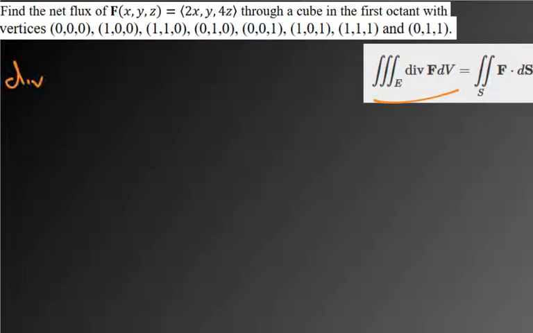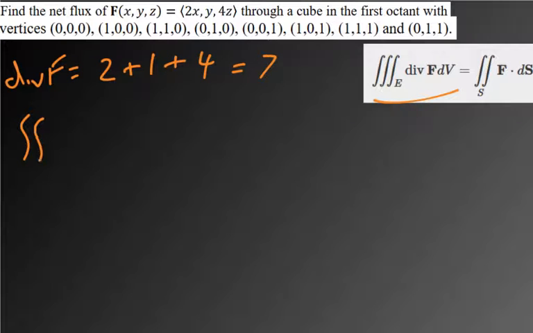Basically, the divergence of F is the partial of 2x with respect to x, so 2, plus the partial of y with respect to y, which is 1, plus the partial of 4z with respect to z, which is 4. So you get 7. And then you're literally doing a triple integral over that cube of just 7 dV.